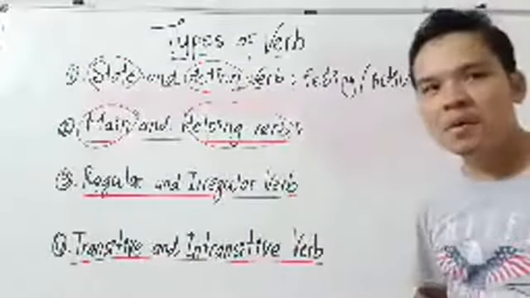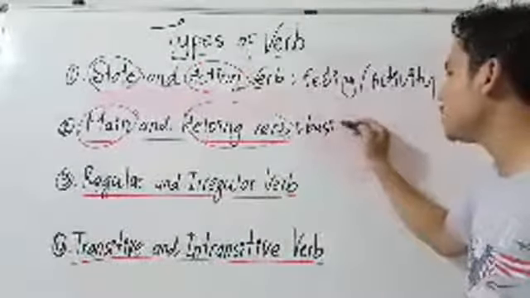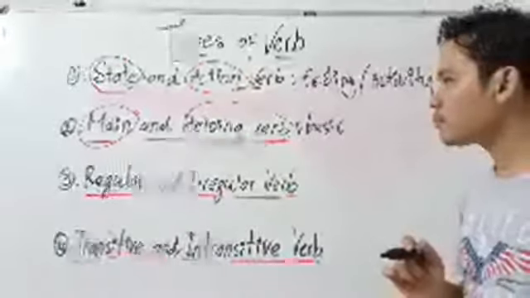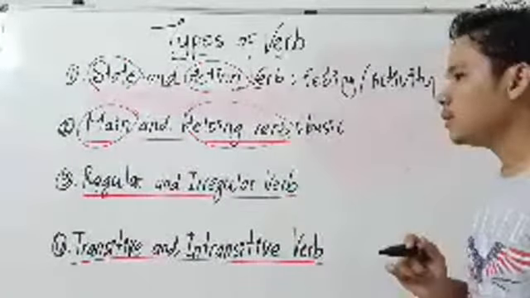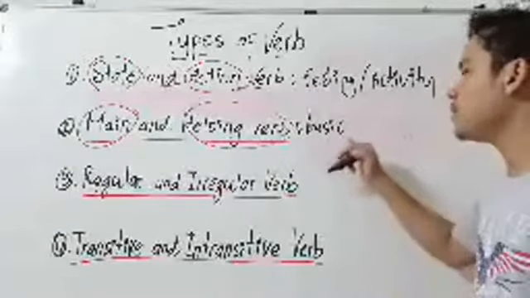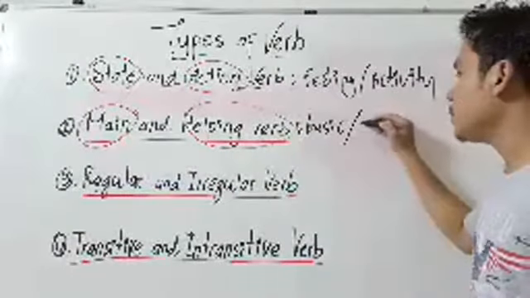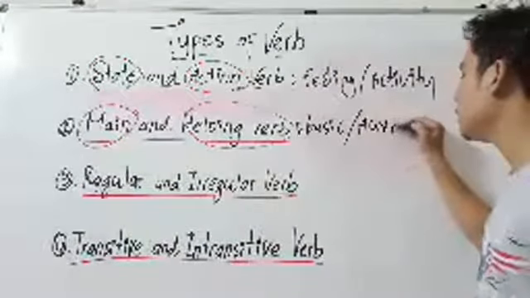Main verb or helping verb talks about the basic verb in a sentence, or refers to the auxiliary verb.